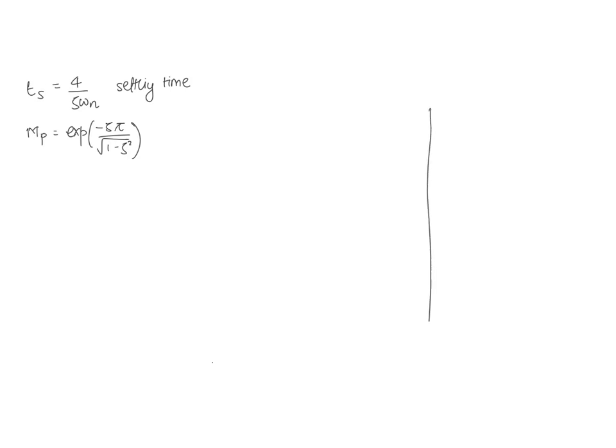Now again, let's plot this, and instead of plotting with any numbers, let's just suppose the eigenvalues were here and here. I have listed the expressions that we earlier saw for the settling time and the peak overshoot, and let's try to make sense of what these eigenvalues mean in terms of the settling time and peak overshoot.